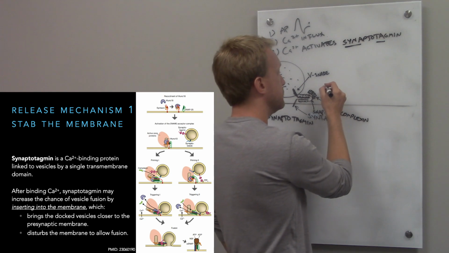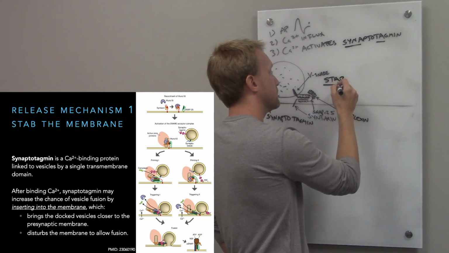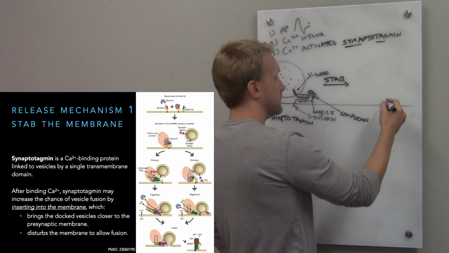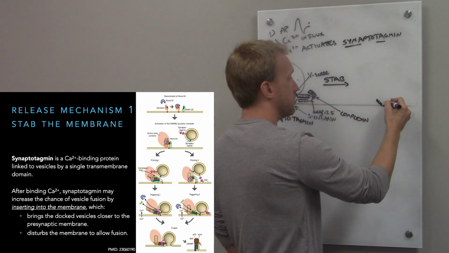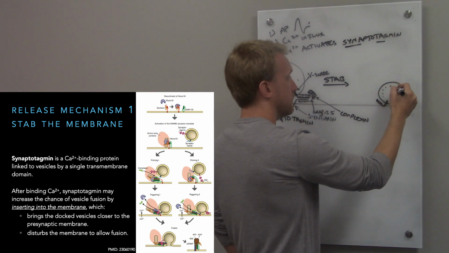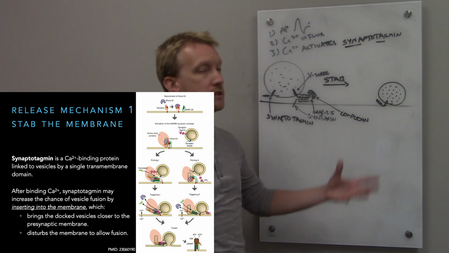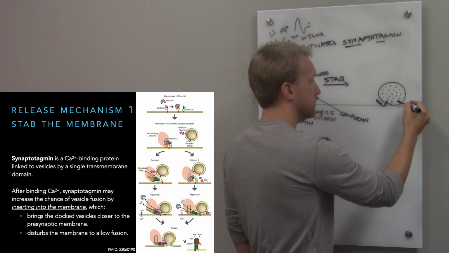Well, one option, stab the membrane. So once it's bound to calcium, what synaptotagmin can do is wiggle its way into the membrane. This does a couple of things. It pulls the vesicle closer, and it destabilizes the membrane.